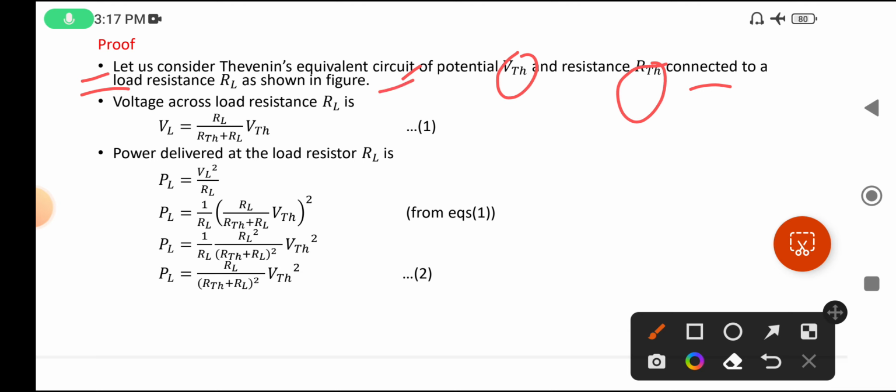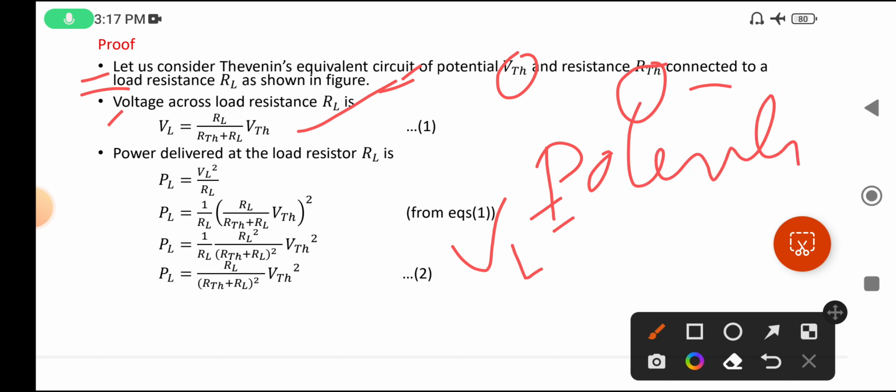Now the voltage across the load resistance RL, let it be VL. So VL is equal to what? This is by using the potential divider rule, like the current division rule.